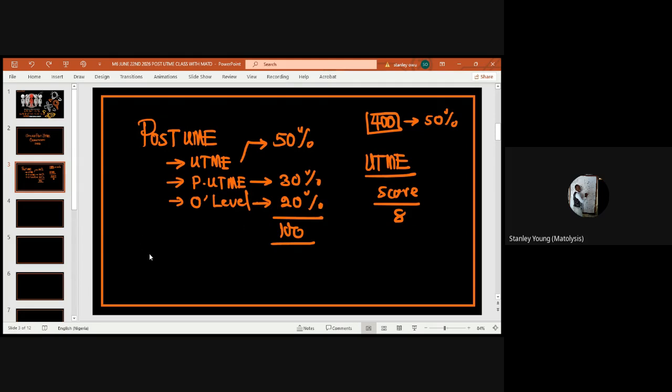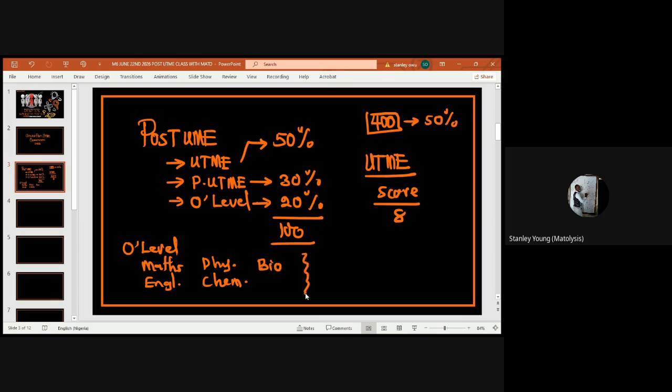For a science-oriented student, the O level subjects should be mathematics, English, physics, chemistry, and depending on if the person is going for a physical science or a medical science, the fifth one can either be biology or further math. I'm going to base this on biology.